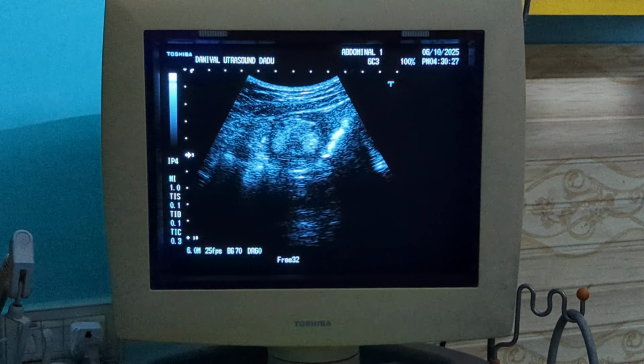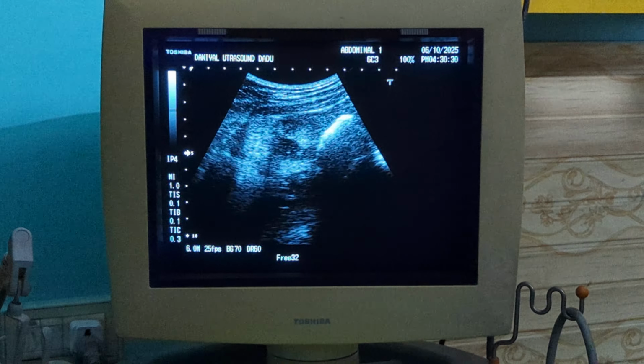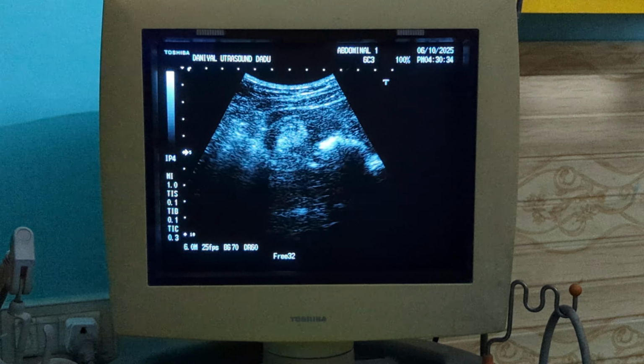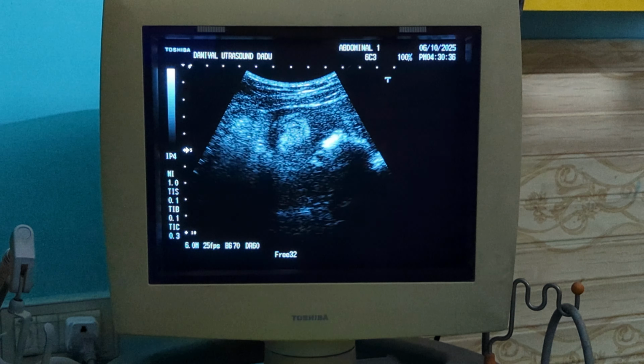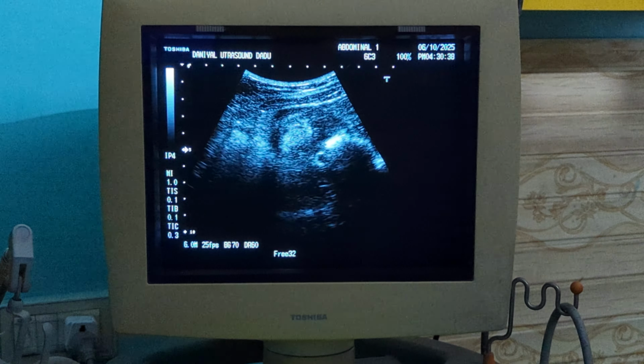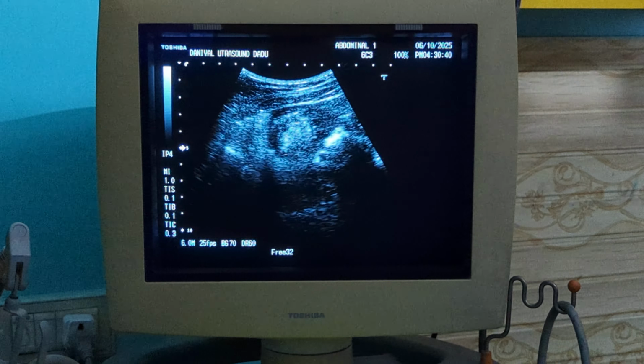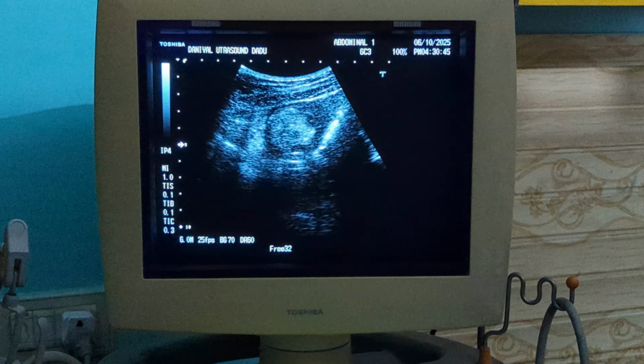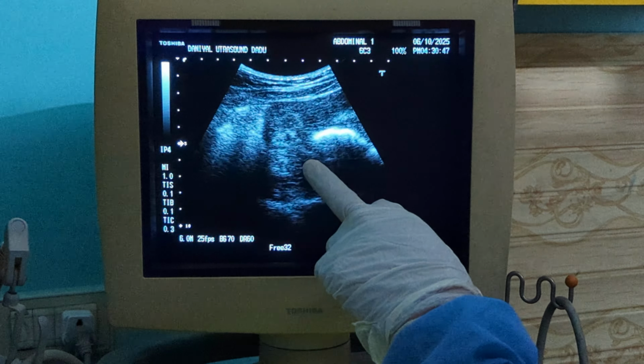So these features are typical of the dermoid cyst, or cystic teratoma. Here the features are typical of a dermoid cyst and a mature cystic teratoma.